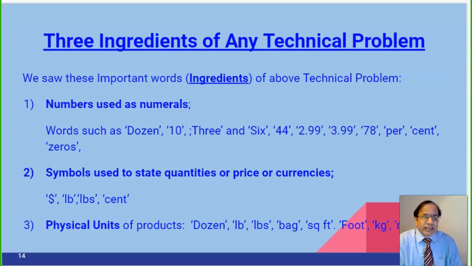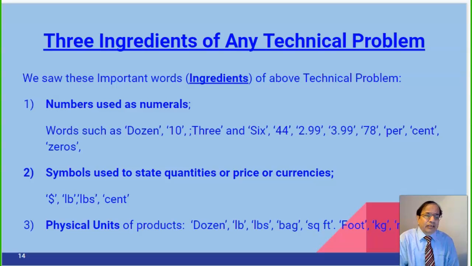Of course, we can see in example 1 words such as dozen, 10, 3, 6, 44, 2.99, 3.99, 78, per, and cent. And we can see in example number 3 zeros.